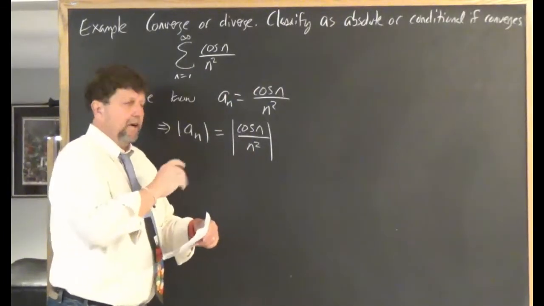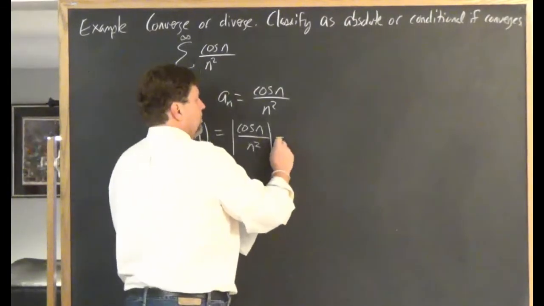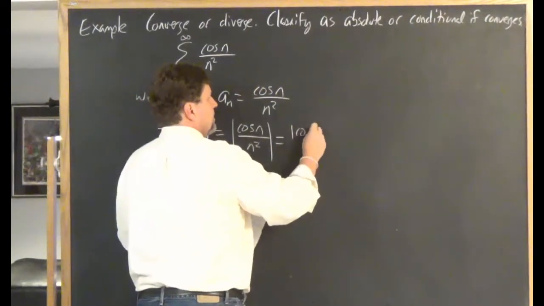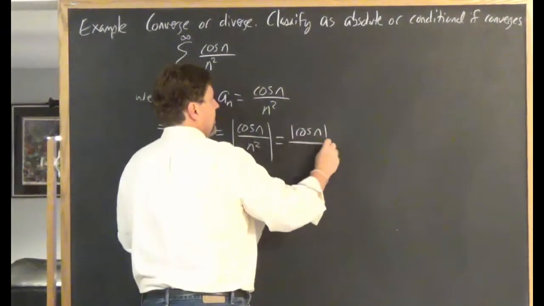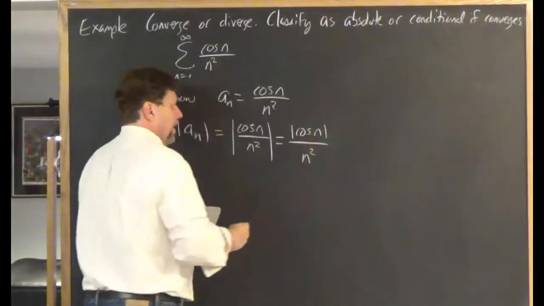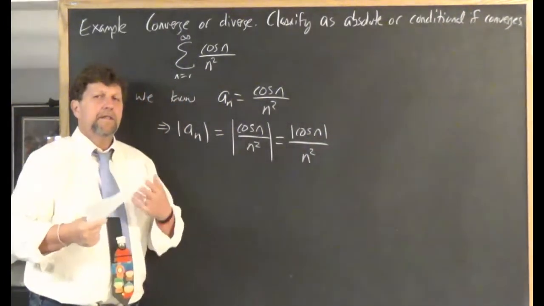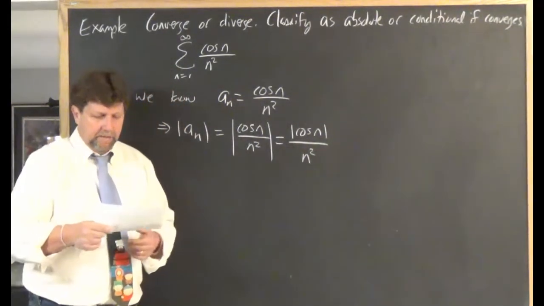Well, we know n is heading off to infinity, so I could go one more step here and just write this as absolute value of cosine n over n squared. I don't need to have that n squared inside absolute values. It's always going to be positive.